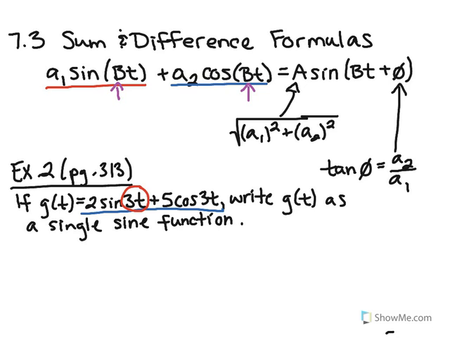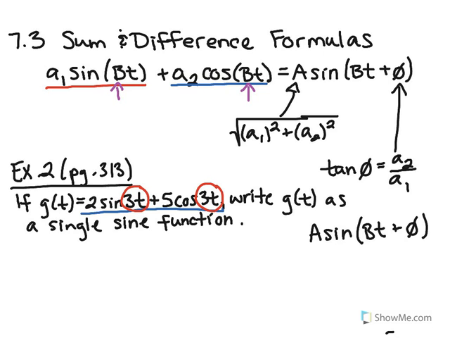And when I check them right here, they are the exact same. So I can use this rule above to help me. Just like what the rule says, I should end up with a function that looks like A sine of bt plus phi, however you want to pronounce it is fine.